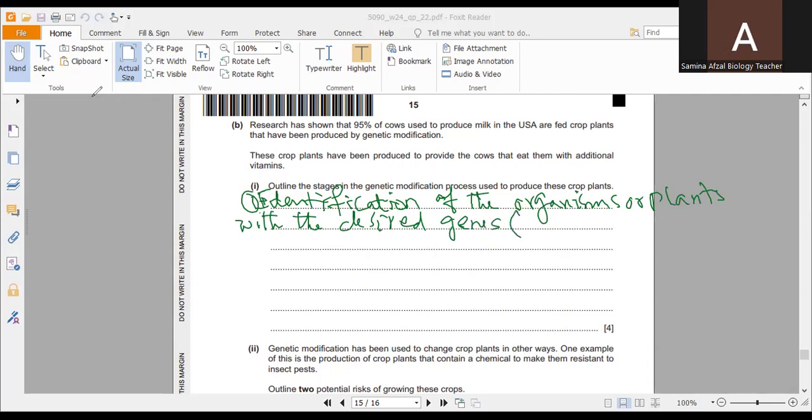Desired genes means with additional vitamins. So after their identification, there will be the isolation of those genes.